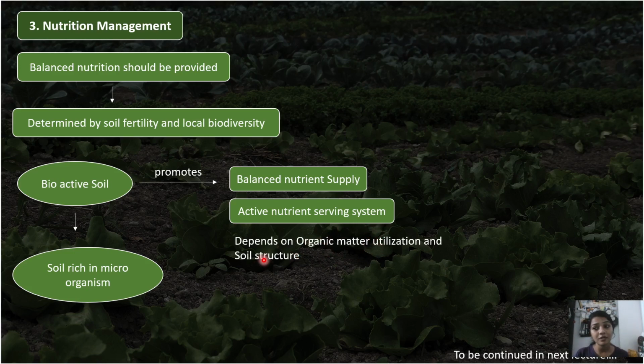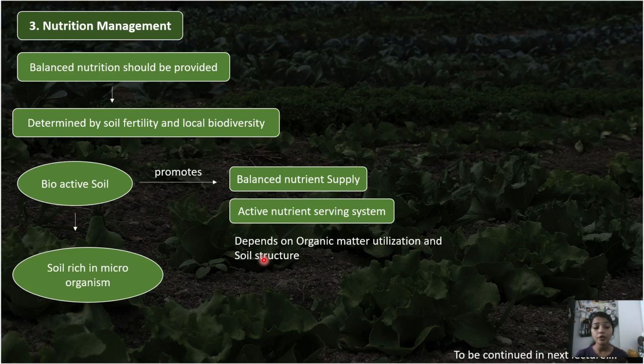A soil which has no microorganisms, you can easily identify by the texture of the soil. The soil that is not rich in microorganisms will always look like a dull soil which has no energy, and it will always look dry.